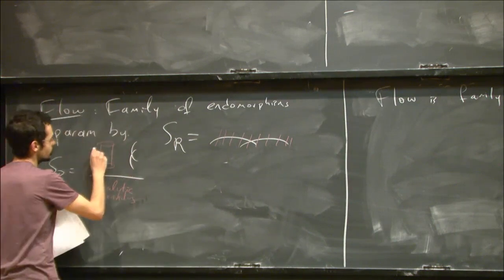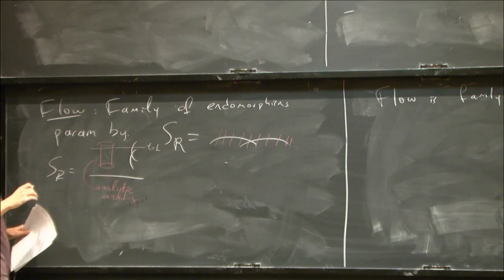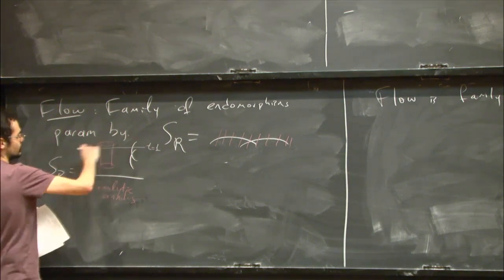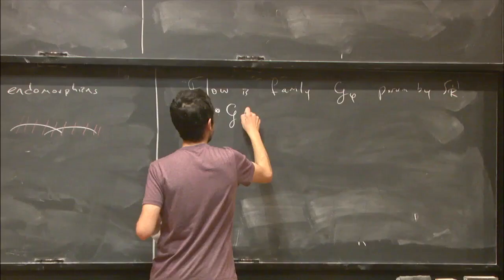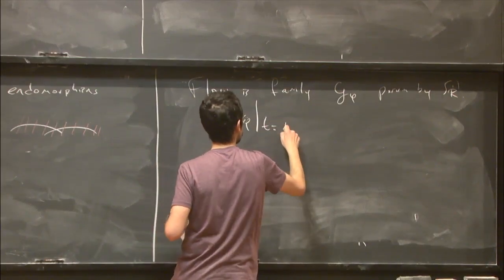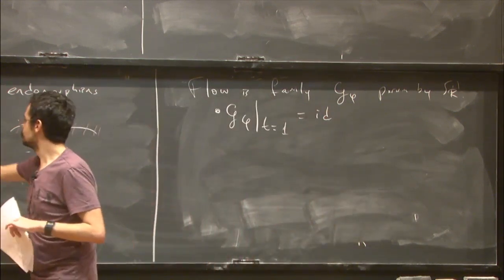So for instance here you have a section that I denote by t equals 1. You have a section of this family. So I ask G phi to restrict to identity in this section.